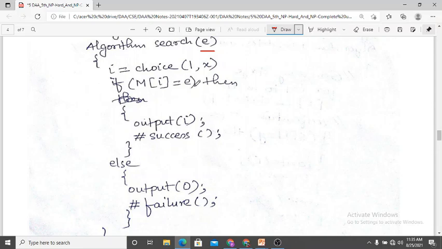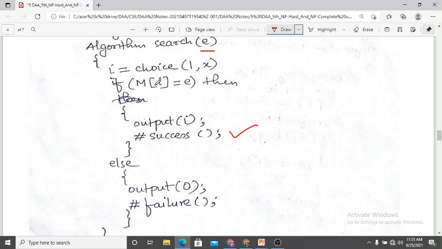i equals choice(1, n), means from 1 to n, and if A of i equals E, whatever you are searching, if it is the same, then the output is i, and that is a success. Otherwise, output 0, failure.